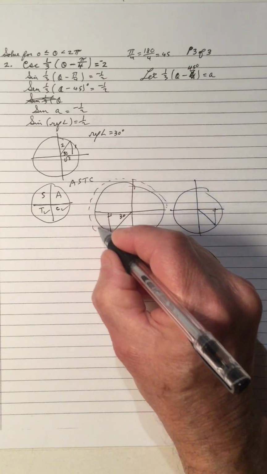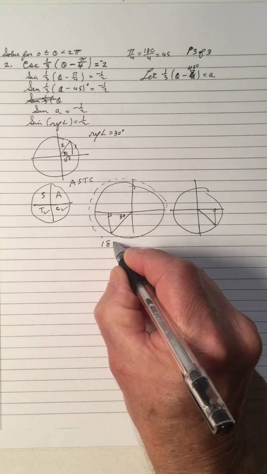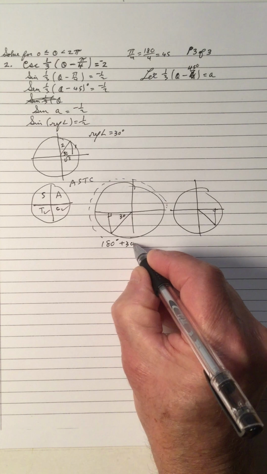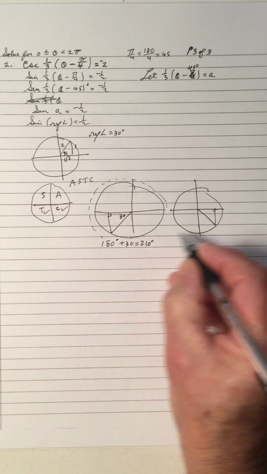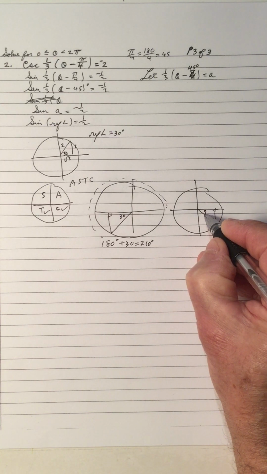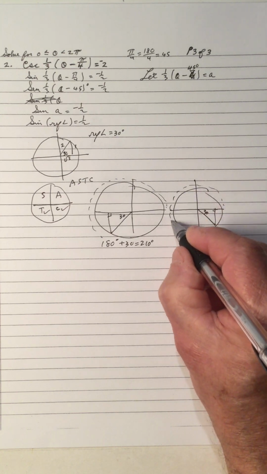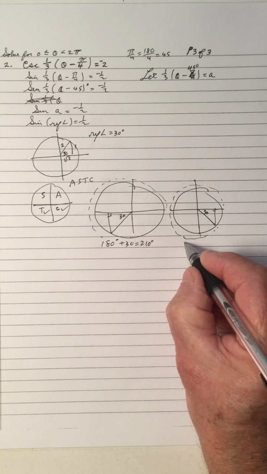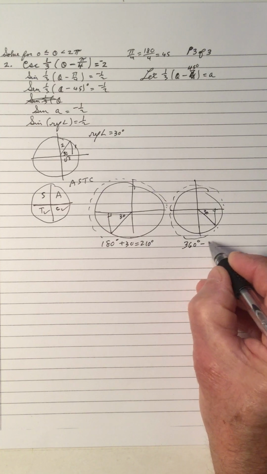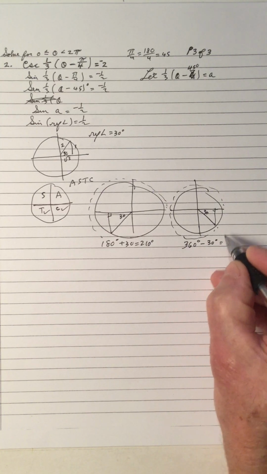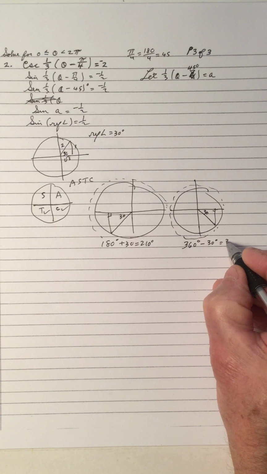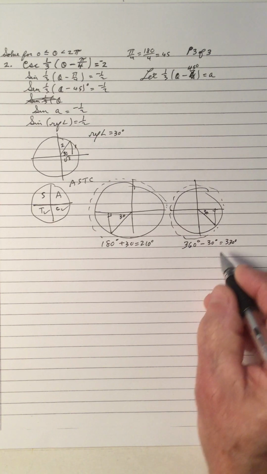So this is 180 plus 30, that's a 210. And the reference angle is here, so all the way around, that's 360. Come back 30 degrees, so this rotation here is 330.